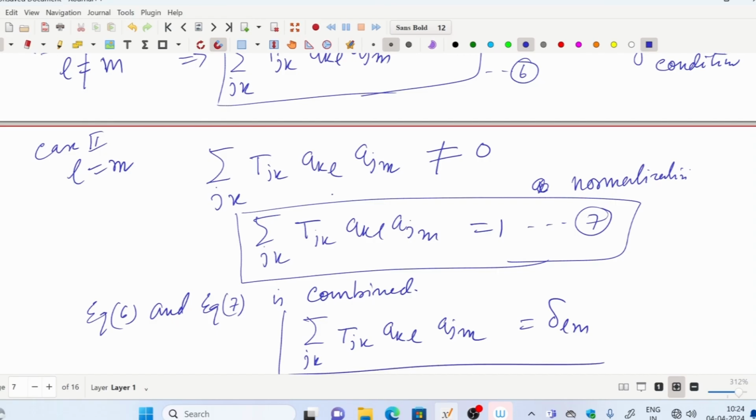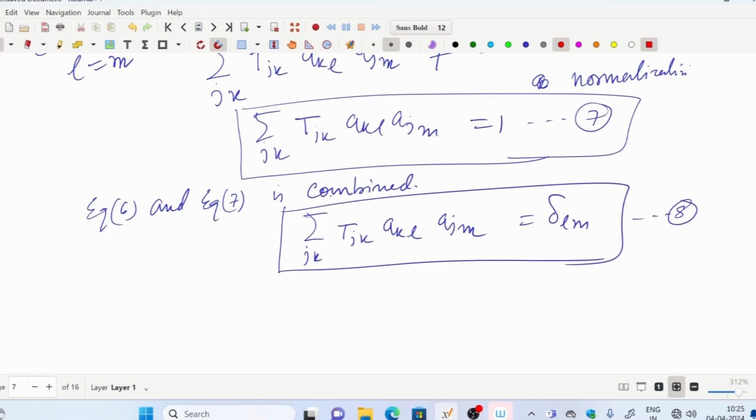That is equation 8. So, when L and M are equal, you will get 1, and when they are different, you will get 0. So, that will be your equation. And using this equation, we can calculate our normalization.